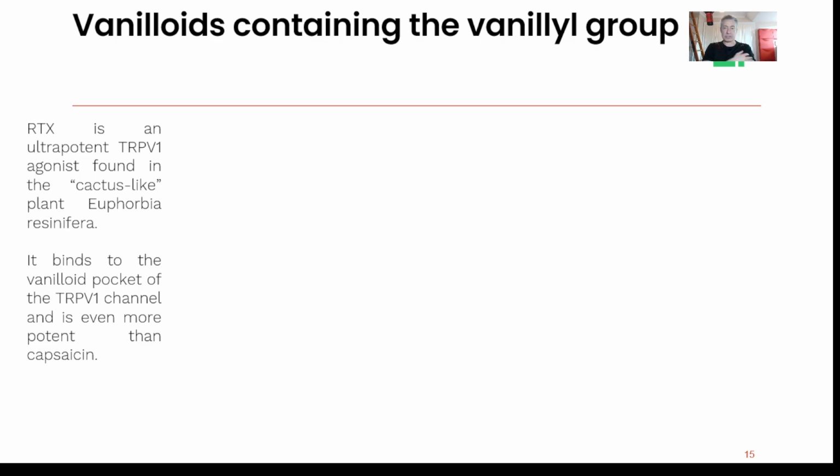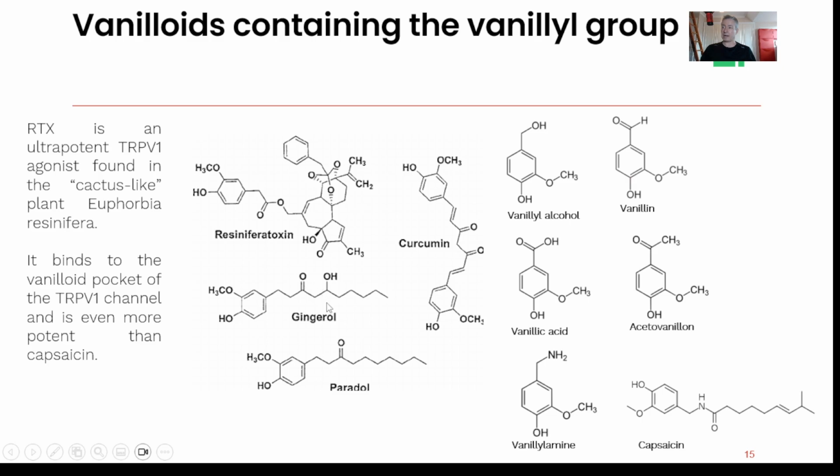You get the sensation of heat when you eat capsaicin. You're basically interacting with a receptor called TRPV1, and these vanilloid molecules all have this conserved vanillyl group. This is at the top left hand corner here.